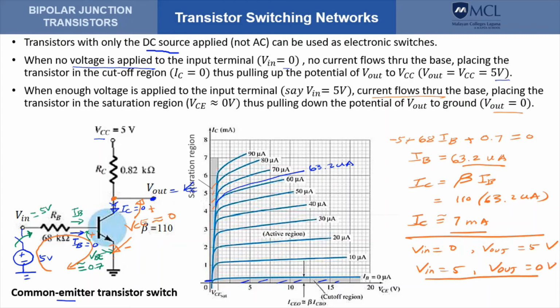So this is a classic example of an inverter, or what they call a NOT gate, where the input is inverted. If it is 5 volts, it is 0 at the output. If the input is 0, the output is 5 volts.